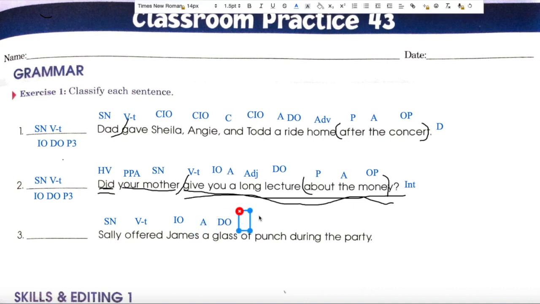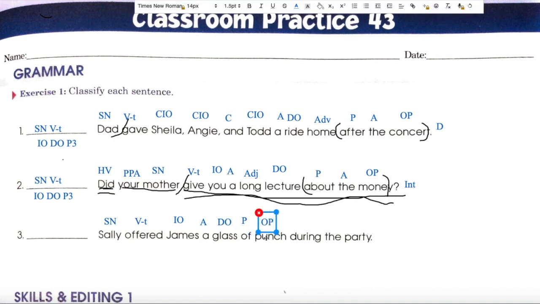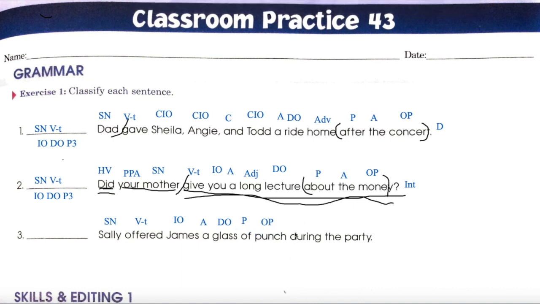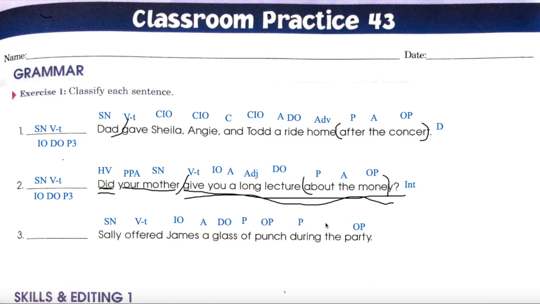Of is always a preposition. Of what? Of punch. Object of the preposition. During the party. During is always a preposition. During what? Party. Object of the preposition. The word the is always an article adjective. Let's put parentheses around our prepositional phrases.